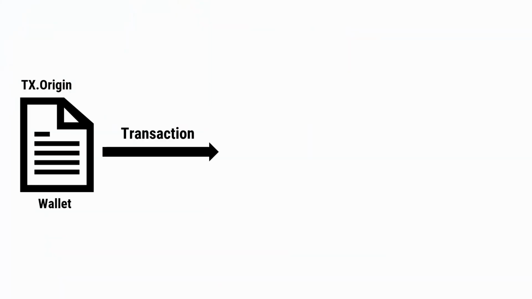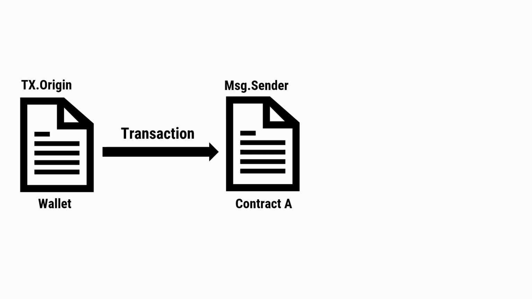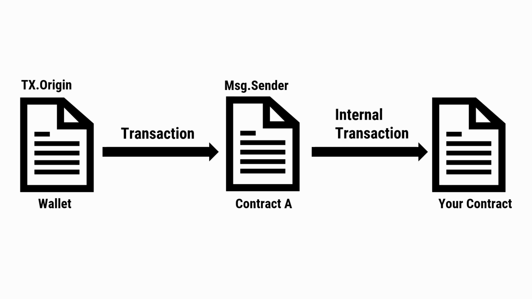The second way is using msg.sender. The msg.sender is whoever was the last one to send the transaction, the immediate sender for this contract. So if someone sends from a wallet to a contract and then this contract to your contract, the last contract will be the msg.sender.